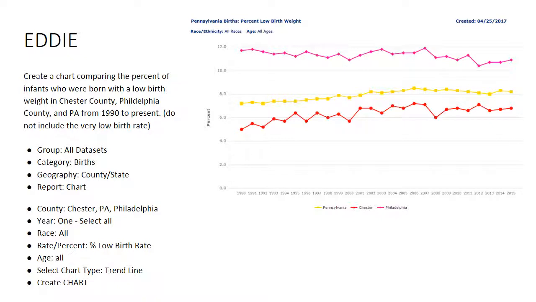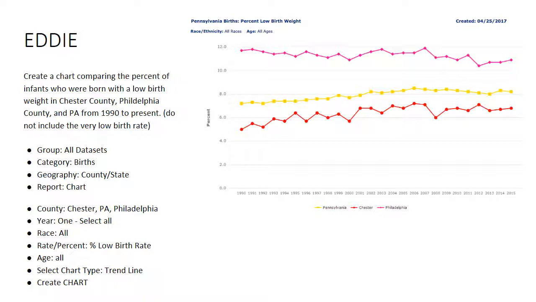This last example using EDDI is creating a chart. It's a graphical representation comparing the percent of individuals who are born with a low birth weight in Chester County and Philadelphia County, as well as the average for all of Pennsylvania, from 1990 to present.